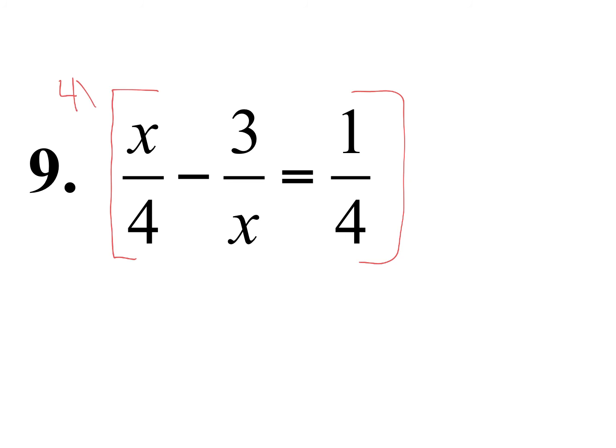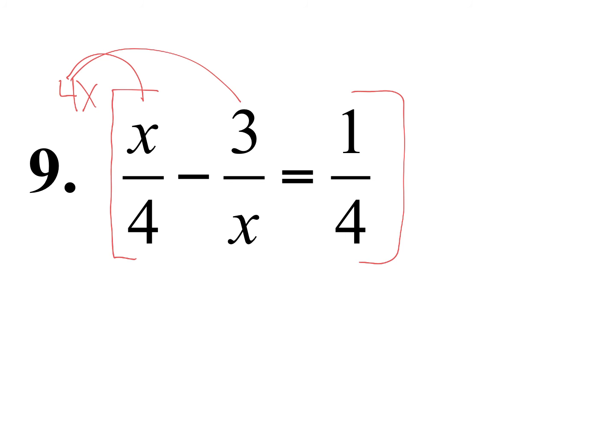Okay, so multiply by 4x. Not 4x over 4x, right? Once it's an equation, we don't need that. Well, there's times where we need it. We're just trying to get rid of those denominators right now, so we multiply by the LCD in the numerators, okay?